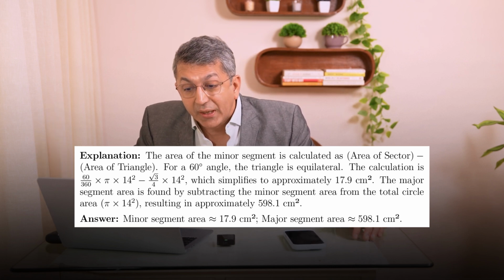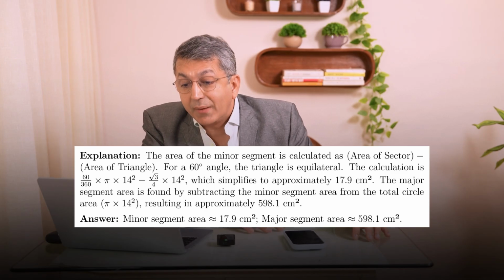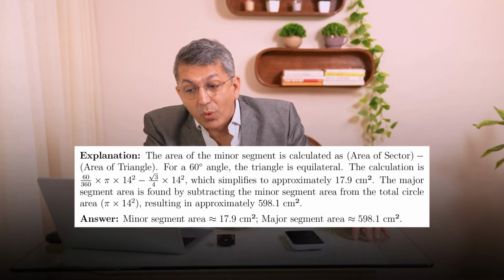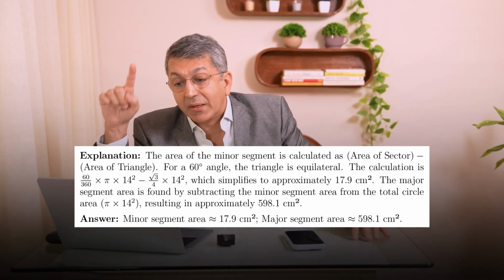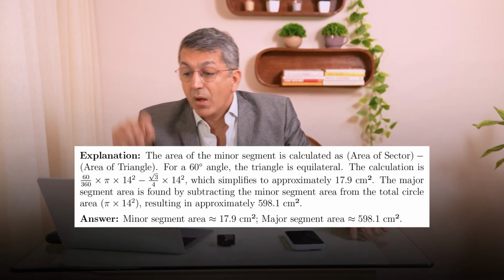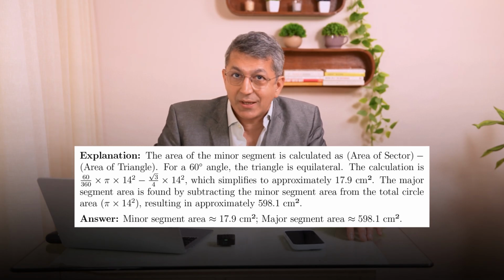The calculation is 60 divided by 360 multiplied by pi multiplied by 14 square minus square root of 3 divided by 4 multiplied by 14 square, which simplifies to approximately 17.9 centimeters square.